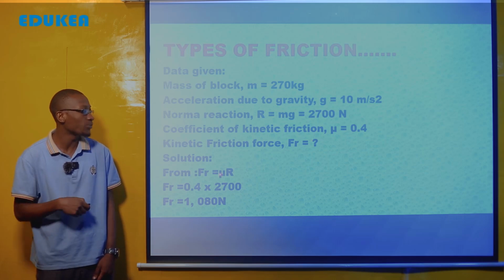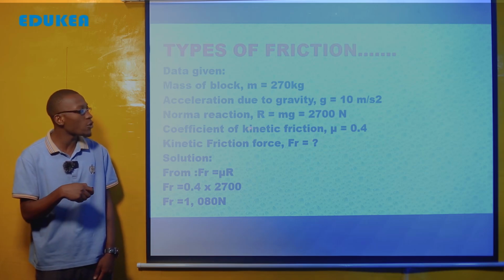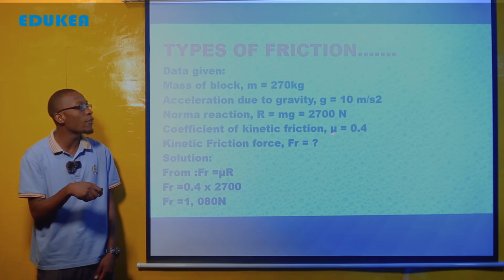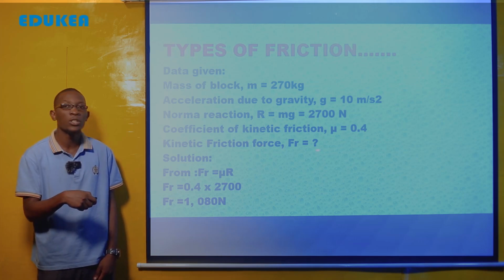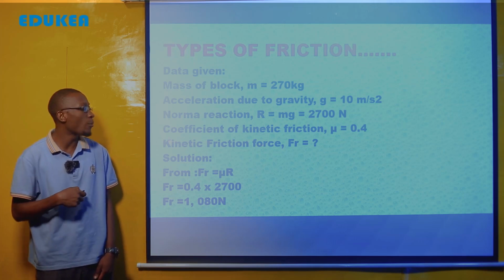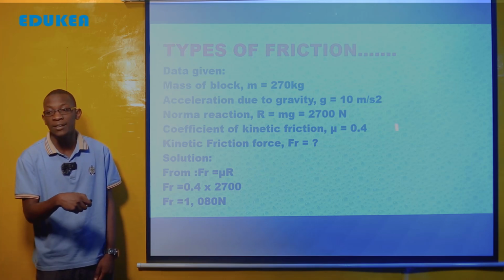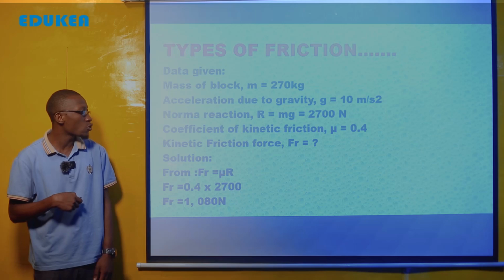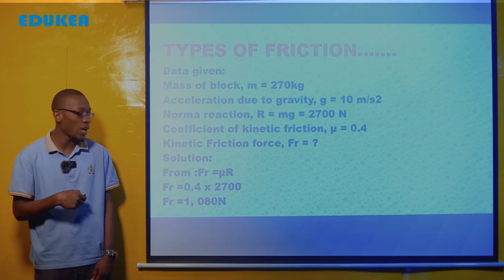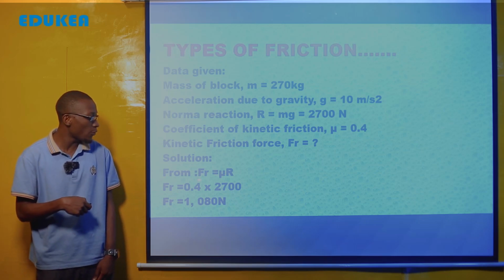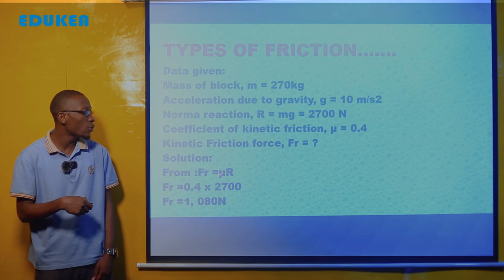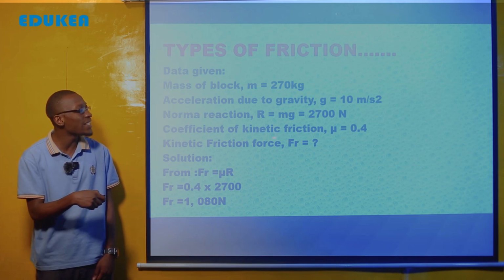So the coefficients of kinetic frictions which we have provided was 0.4. Kinetic frictional force itakuwa kiasi gani? So solution yetu tunatokea kwenye formula for frictional force which is equal to coefficients of kinetic friction times normal reaction.